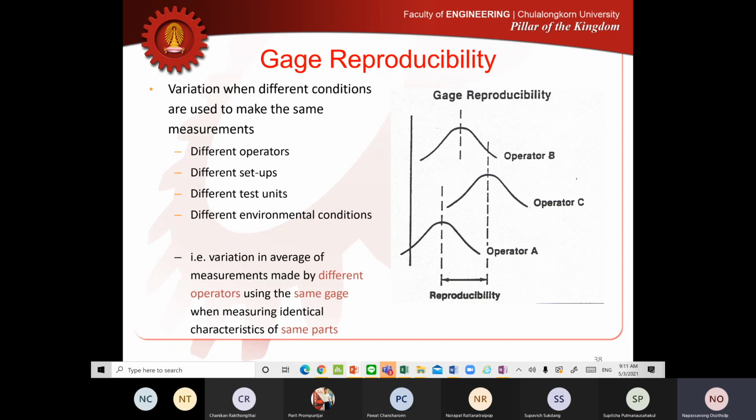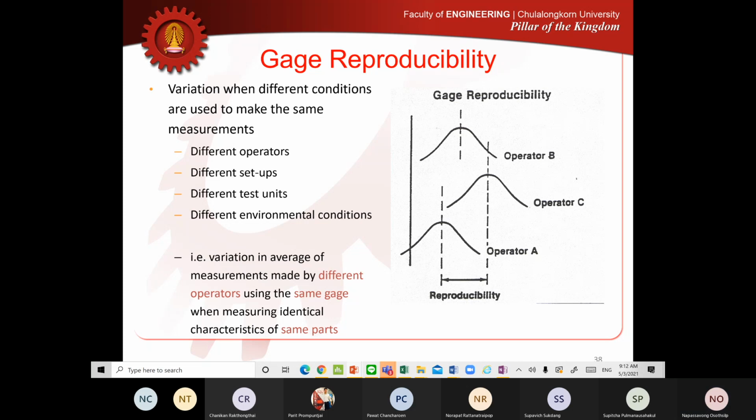If the part is 10.0, we should get 10.0 no matter which operator we use. If a difference among operators happens, we call that variation sigma regarding reproducibility performance. If sigma reproducibility is small, that is good, because there is less variation among the operators.